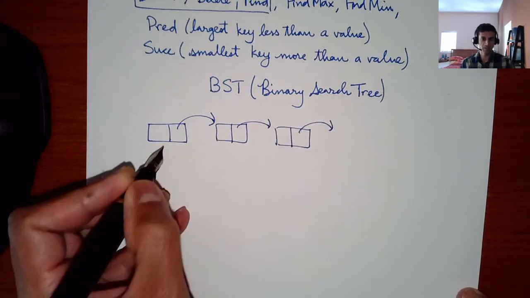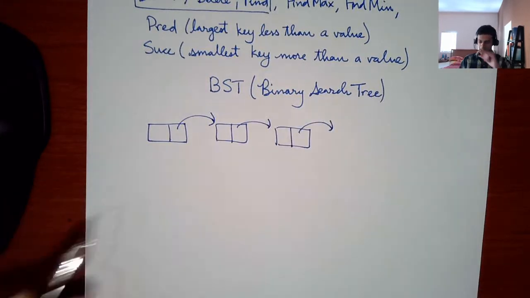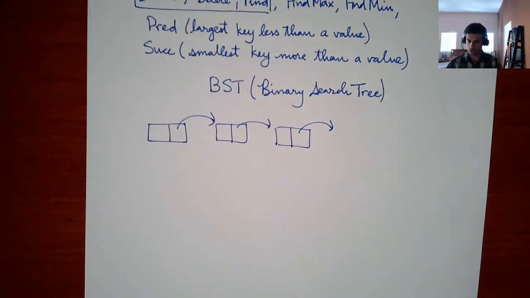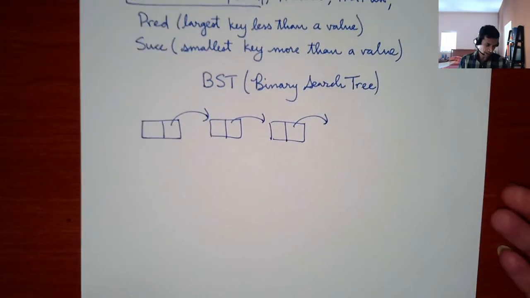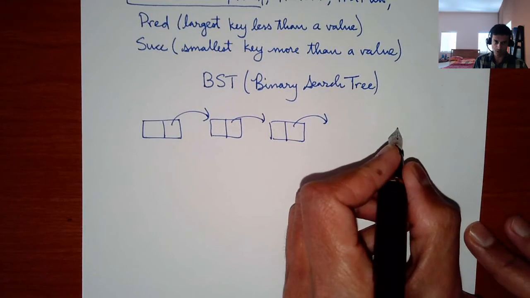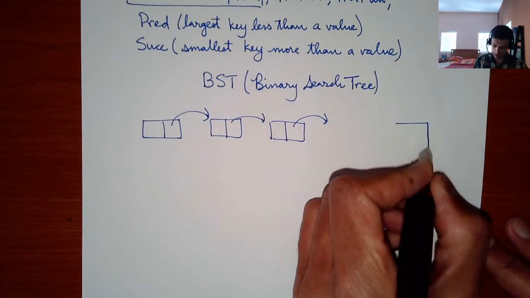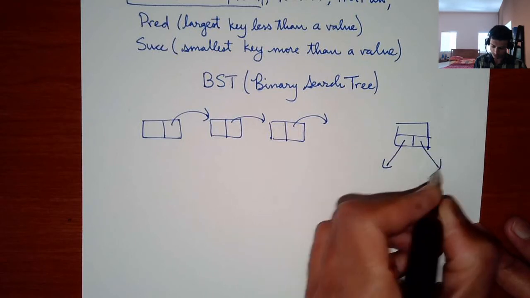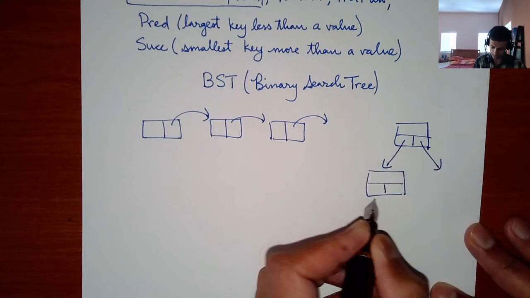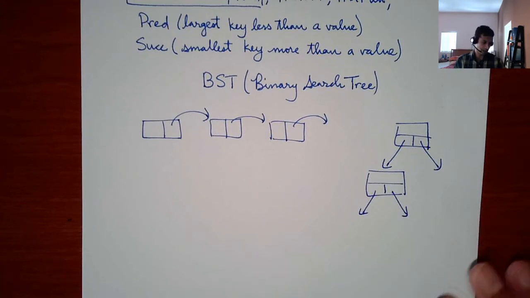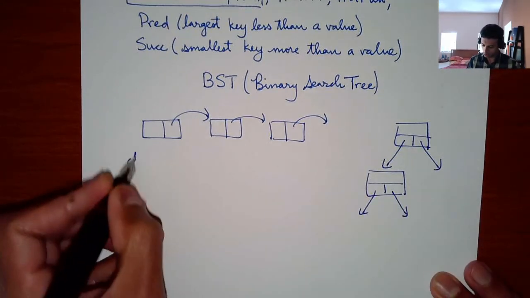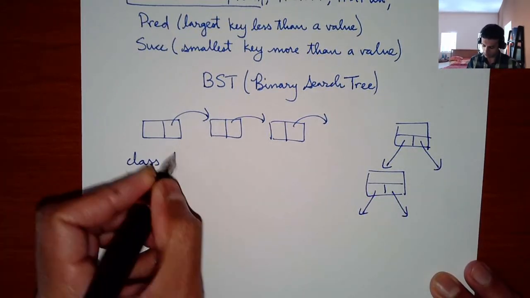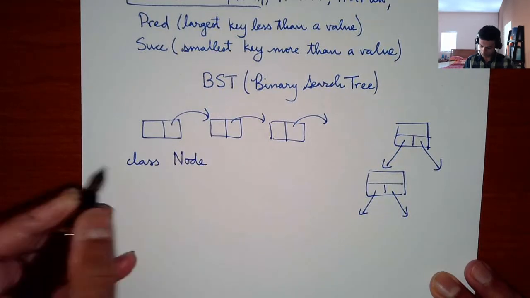You may have a previous as well, but essentially the linked list has a linear storage structure. In a binary search tree, every node is going to have 2 pointers, typically called left and right.